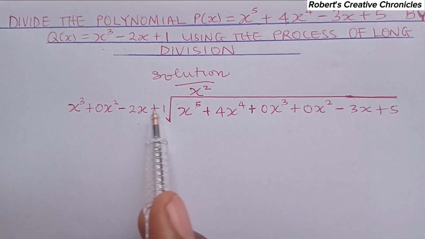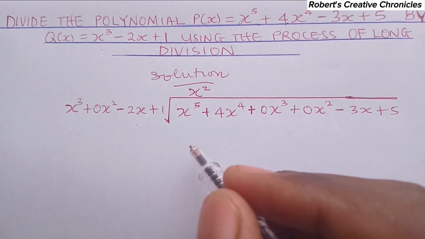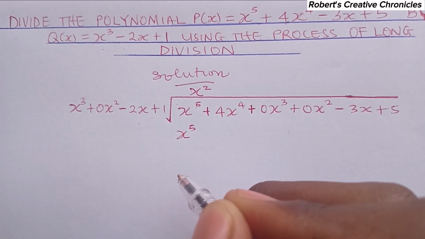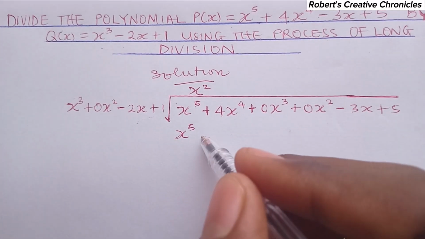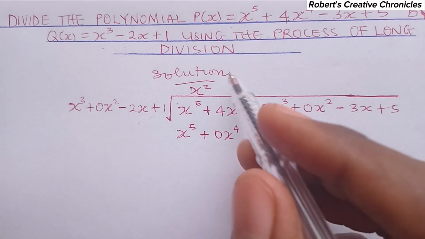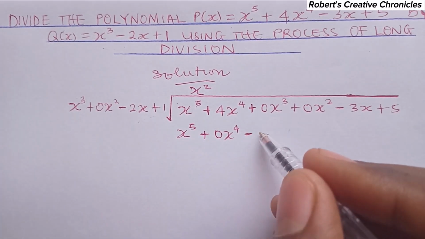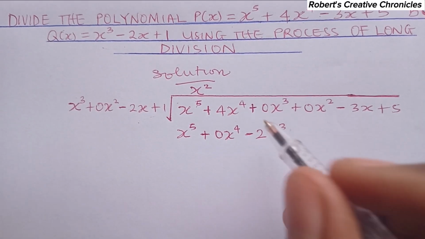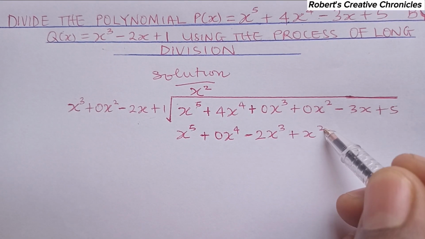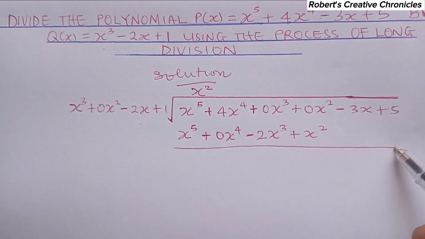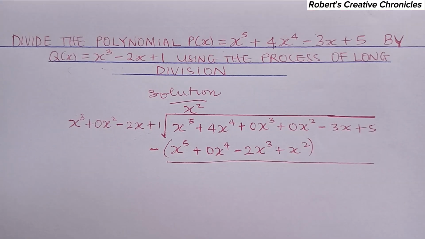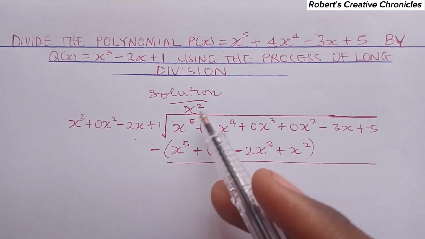So x squared multiplied by this is what? x squared times this is x to the power of 5. x squared times this is 0, plus 0x to the power of 4. x squared times this is negative 2x cubed. x squared times this is plus x squared. Then we subtract this.